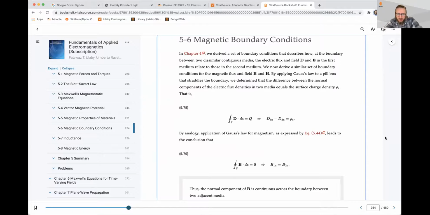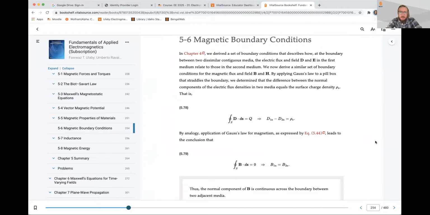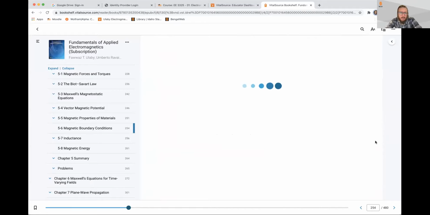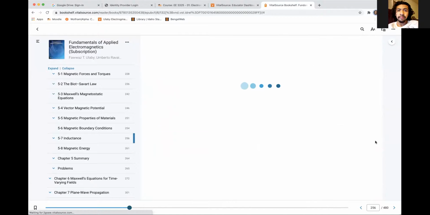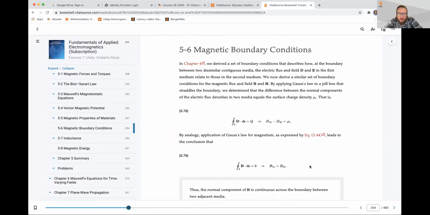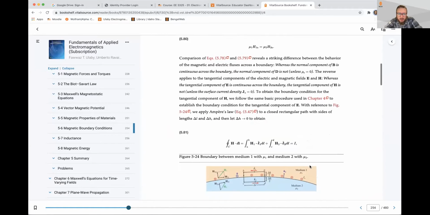All right, so are you seeing the book now? Yeah. All right, so we have the magnetic boundary conditions.